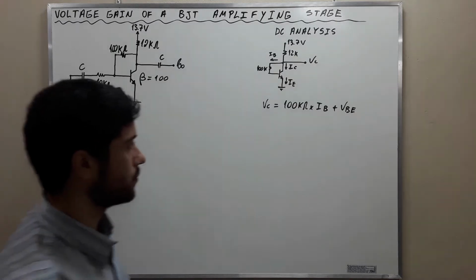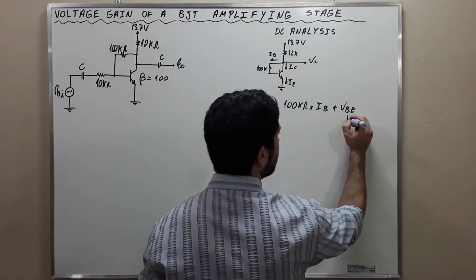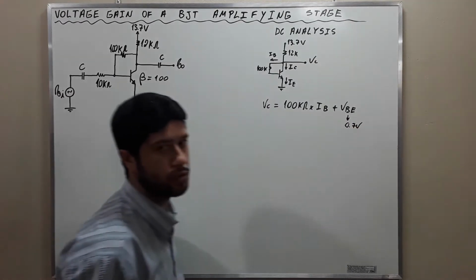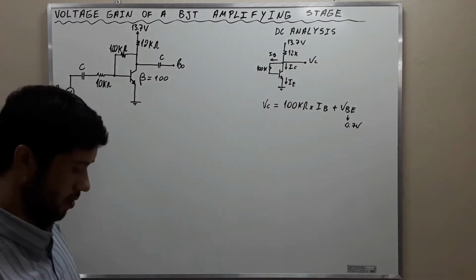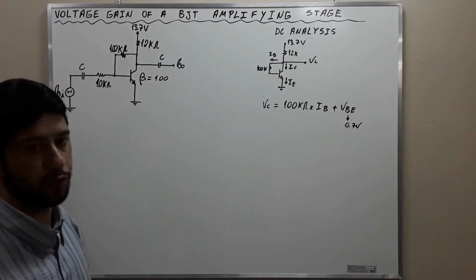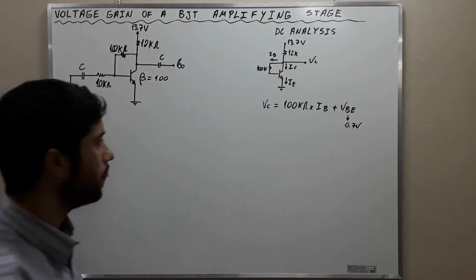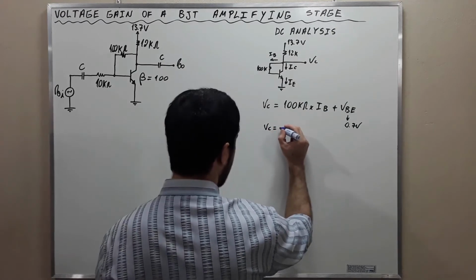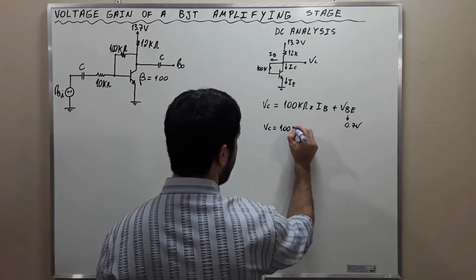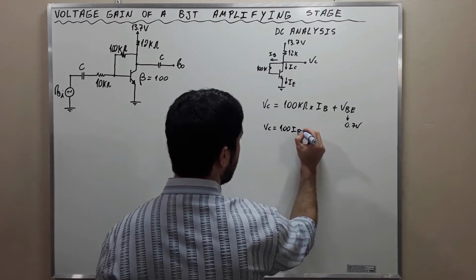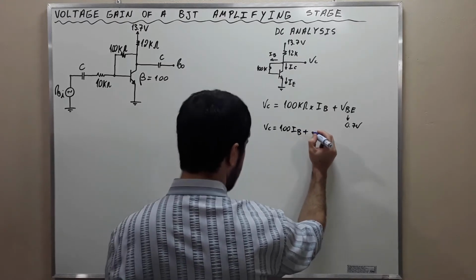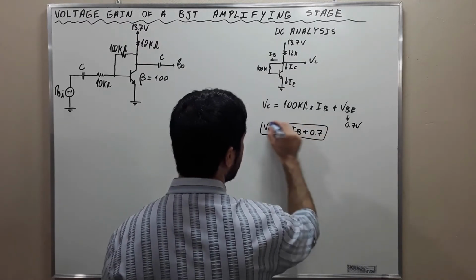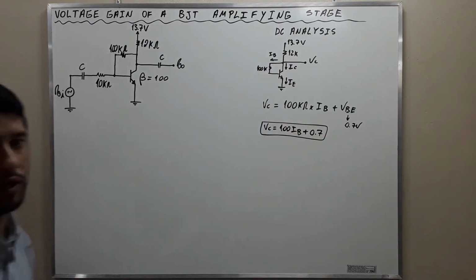And this is normally 0.7 volts, all right? Then this expression gets reduced to VC equal to 100 times IB plus 0.7. Alright, let's skip it because we're gonna use it.